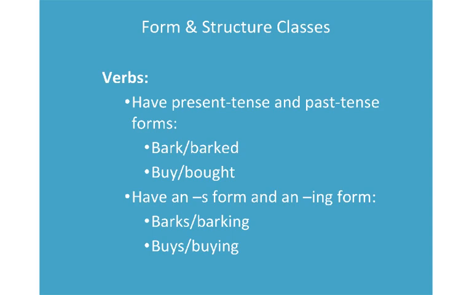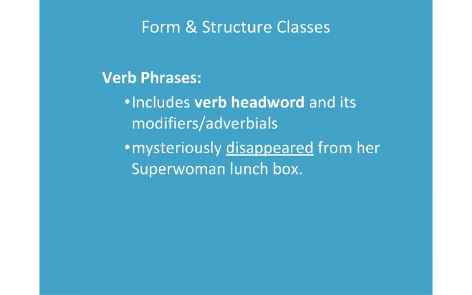Verbs have present tense and past tense forms. So this is another way that we can change their form. Bark and barked, buy and bought are examples of present, changed to past. They also have an S form and an ing form. Barks, barking, buys, buying. Those are both present tense, but we're changing their form by adding an ending.